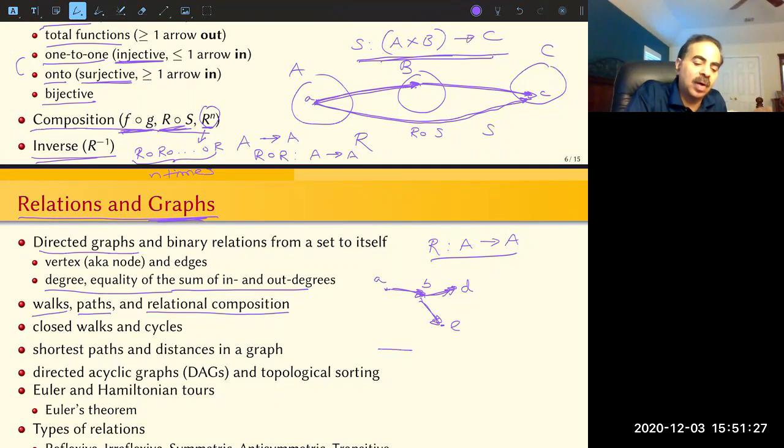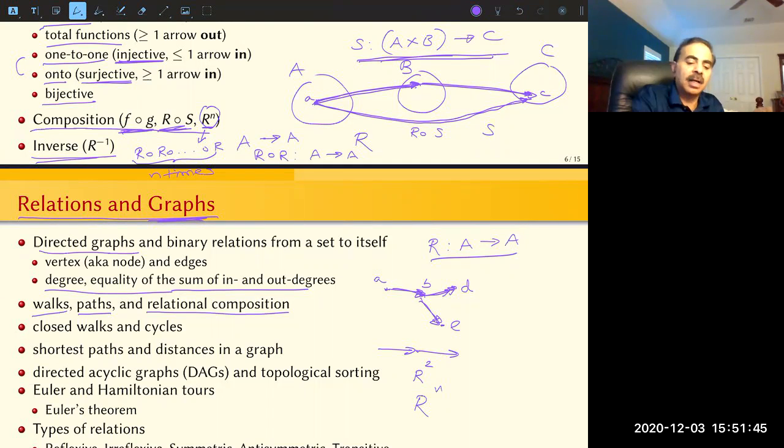So if you have a walk of length 2, then that is related to R square. If you have a walk of length n, then that is related to R to the power n, right?